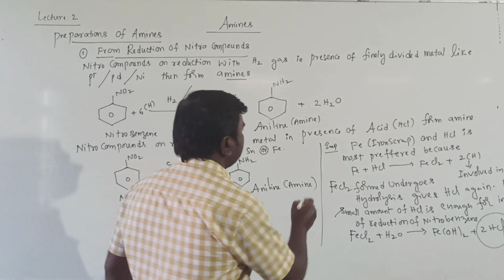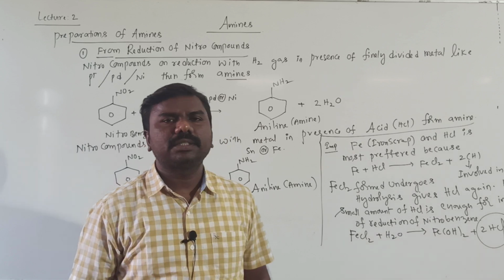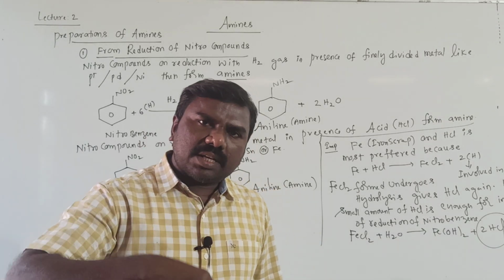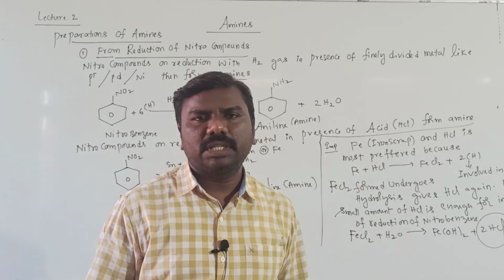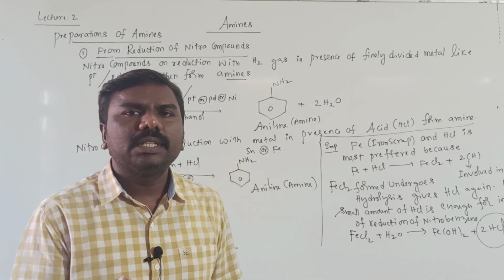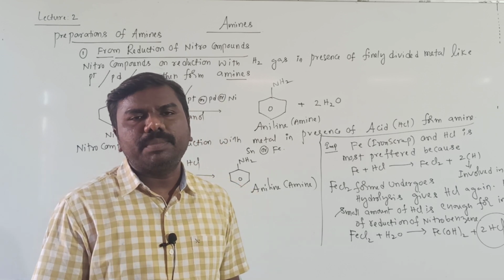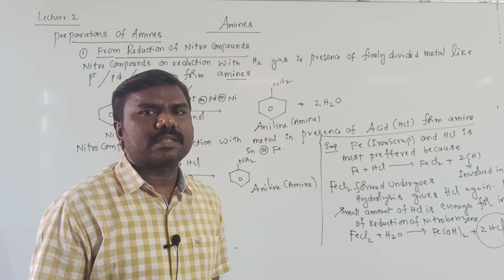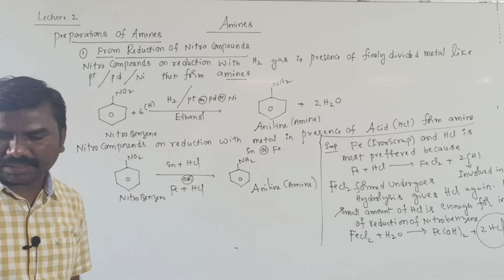So iron scrap and HCl is most preferred, because HCl will be regenerated in the chemical reaction. That's why you need not add excess amount of HCl. A small amount of HCl is enough to initiate the chemical reaction. That's why it is a cheaper reaction, and amine will be formed at less cost. That's why it is more preferred. Next.